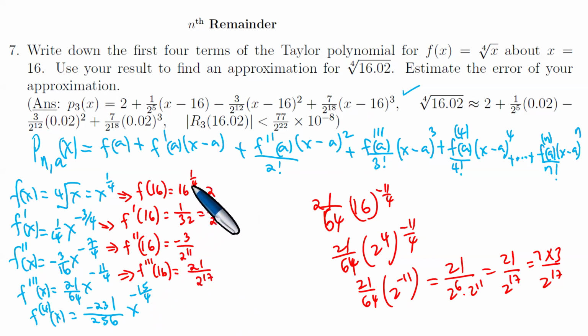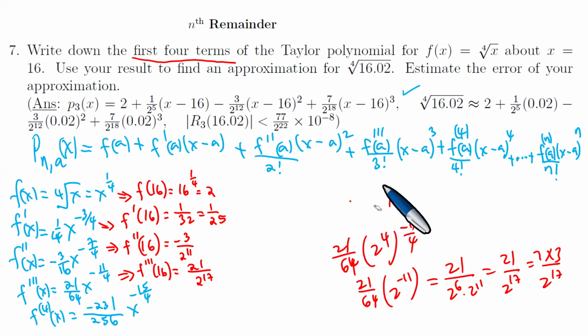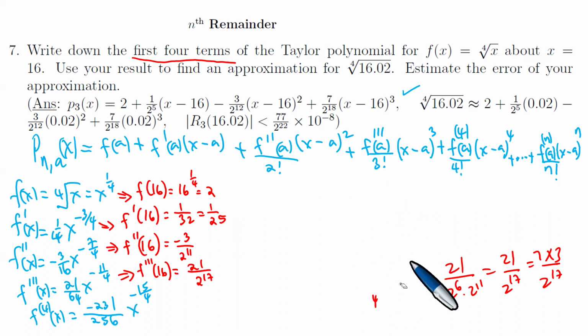Because they said, so this 1, 2, 3, 4. So you need the first 4 terms. So let us remove this. Let us remove this. Let us remove this.